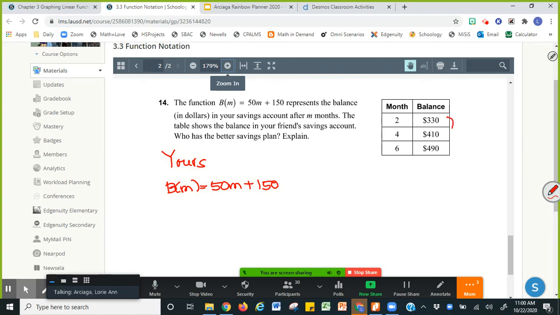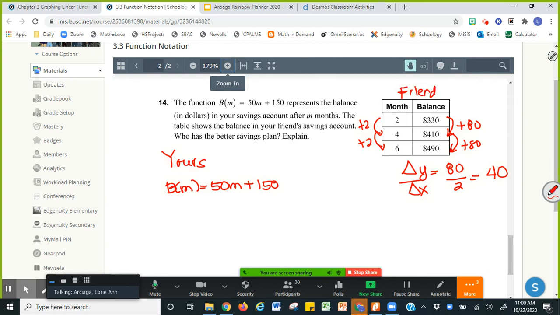Okay, so this one is going up by $80, right? But this one is going plus 2. Remember the formula I taught you? The change in y is $80. If you divide that by the change in x, which is 2, I think this is where Louise got 40. But this is for your friend's.